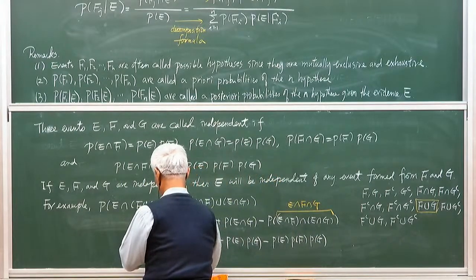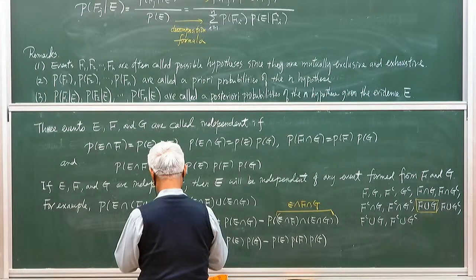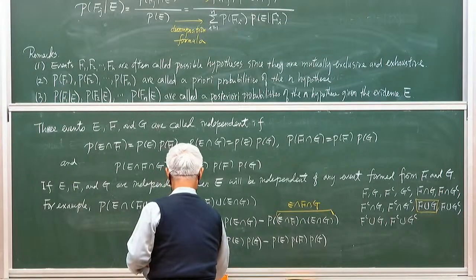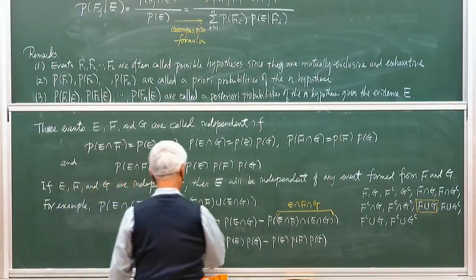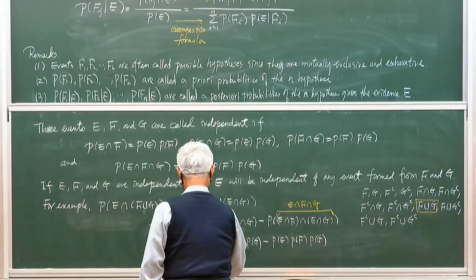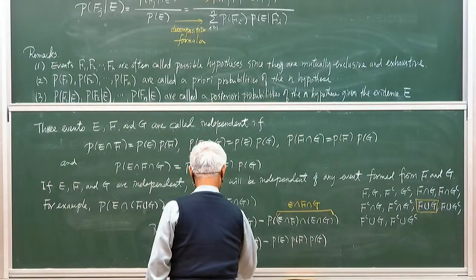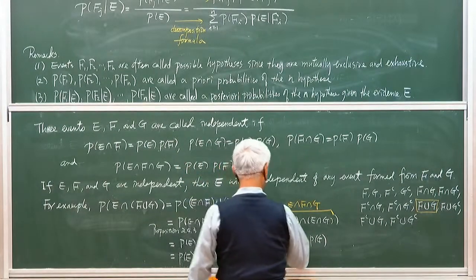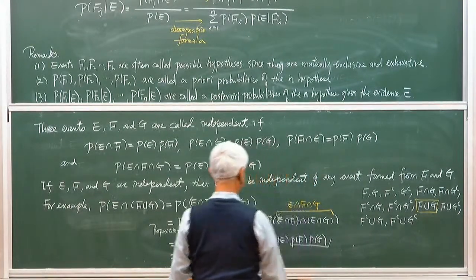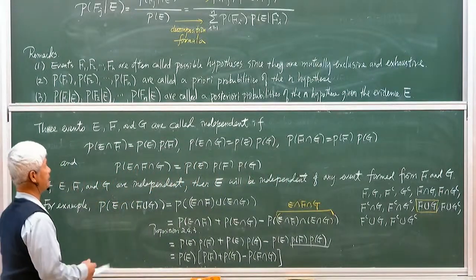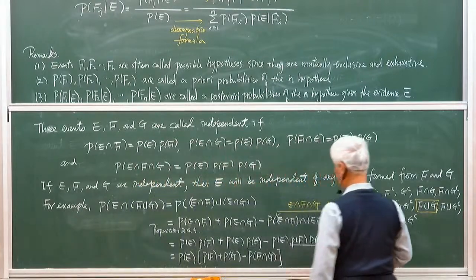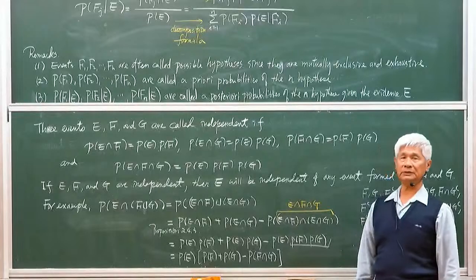Now, in here we have common factor P of E, and this is P of F plus P of G minus P of F and G, which is P of F intersect G, because F and G are pairwise independent, so this product is equal to this one.